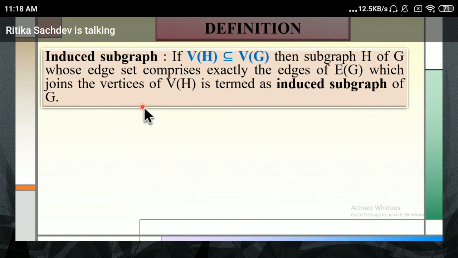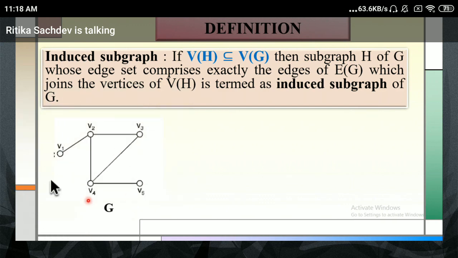Many times in graph theory, when you read the definition, it is not very clear until you see an example. Now, in this case, we have 5 vertices, and these vertices are being joined in some way in graph G. In H, I am taking only 4 vertices.